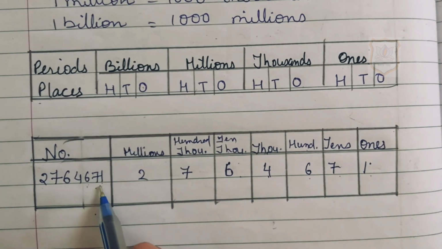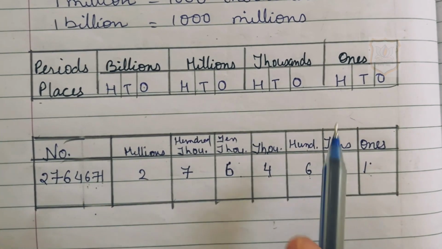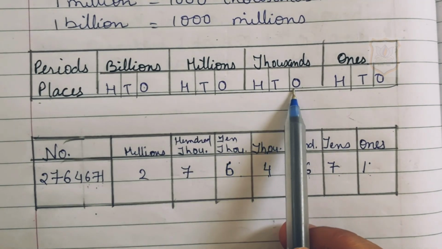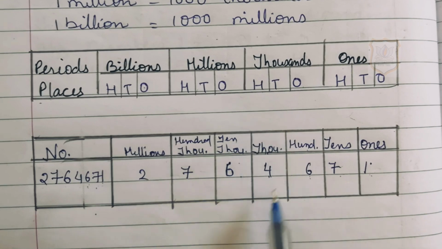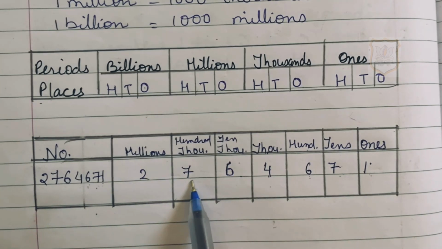I will write 1 in the ones column, 7 in the tens column and 6 in the hundreds column. Then the period of thousands is also divided into 3 places, ones, tens and hundreds, that is 1,000, 10,000 and 100,000. So I have placed 4 in the thousands column, 6 in the 10,000s column and 7 in the 100,000s column.